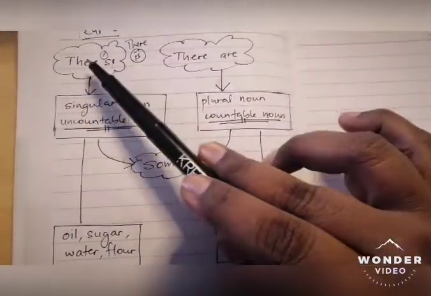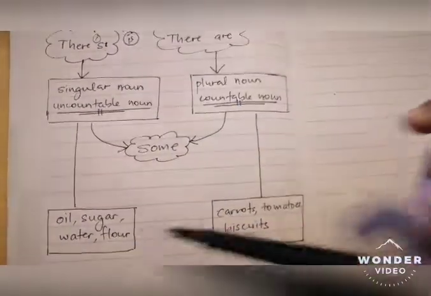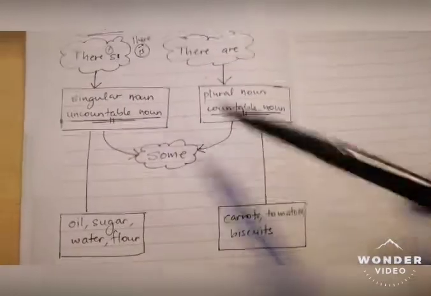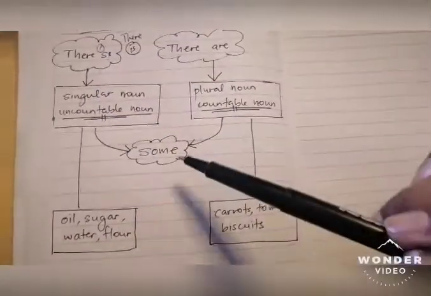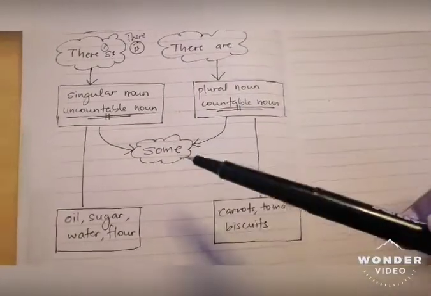So this is the simple format of how you use there's some and there are some.